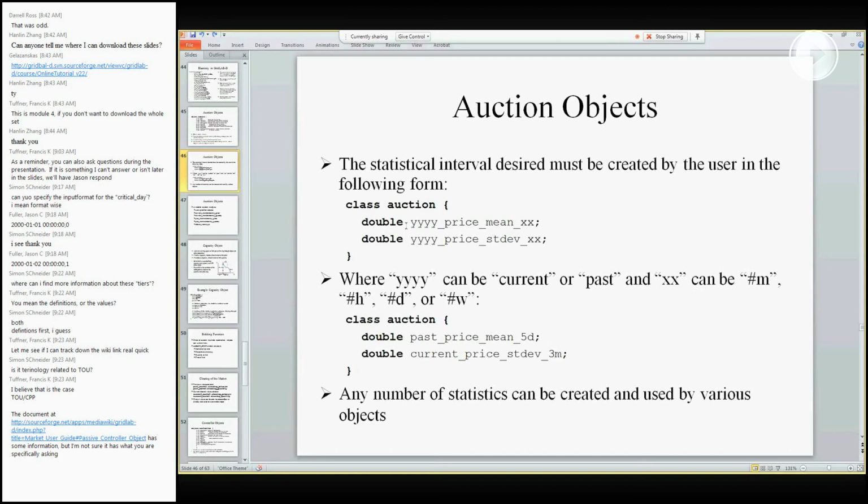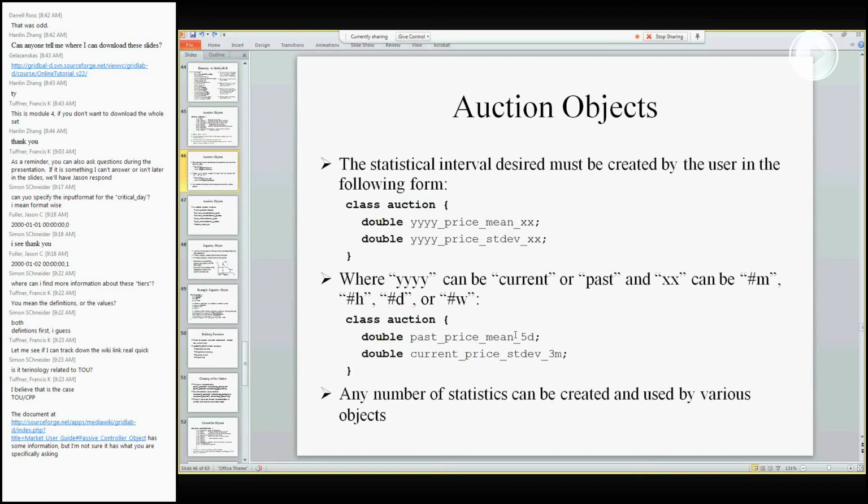So specifically, you would call something like double, declare whether you want past, current, or current pricing, mean, or standard deviation, and the intervals that you want it to collect on. So, for example, you could do the past price mean for the last 5 days, which would give you the mean price by using all the information collected over the last 5 days, or you could do the current standard deviation of prices over the last 3 minutes, for example.